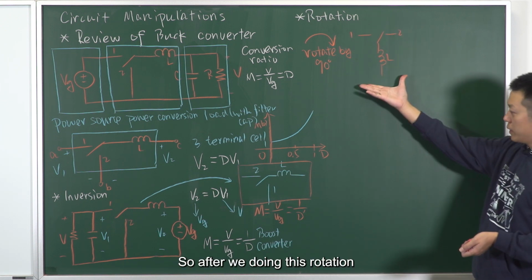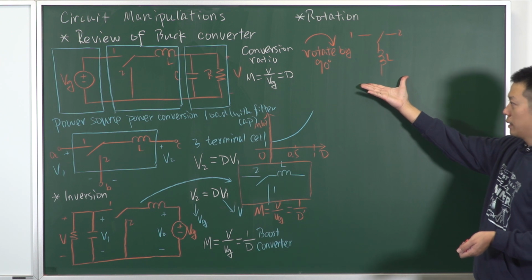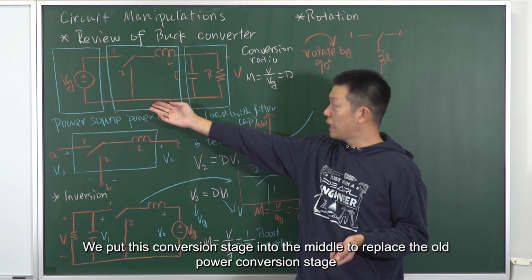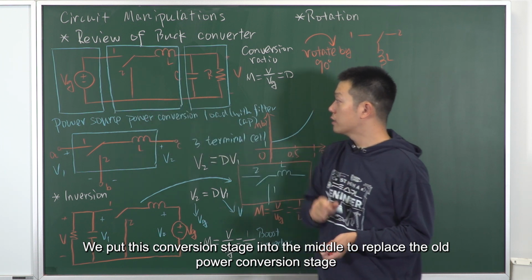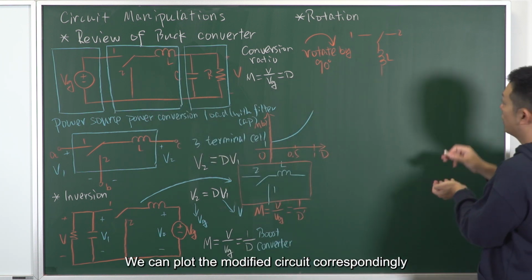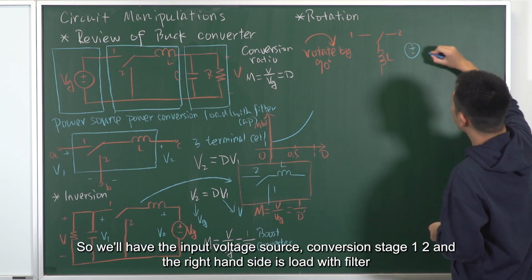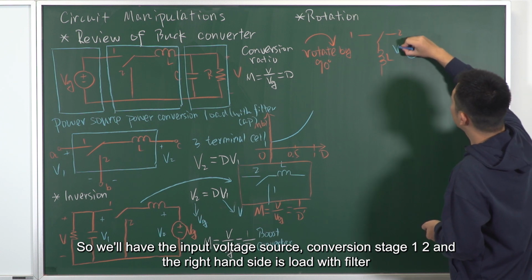So after we're doing this rotation, we put this conversion stage into the middle to replace the old power conversion stage. We can plot the modified circuit correspondingly. So we'll have the input voltage source.